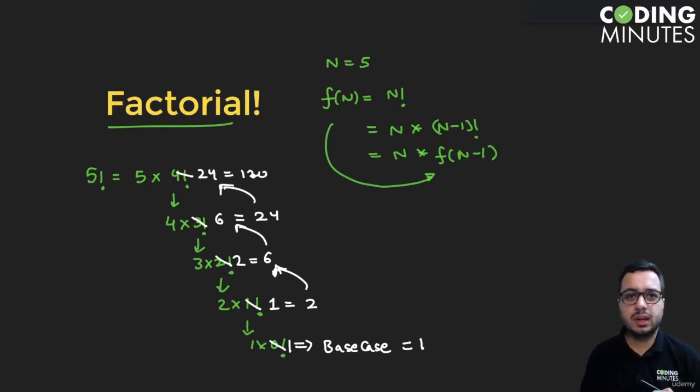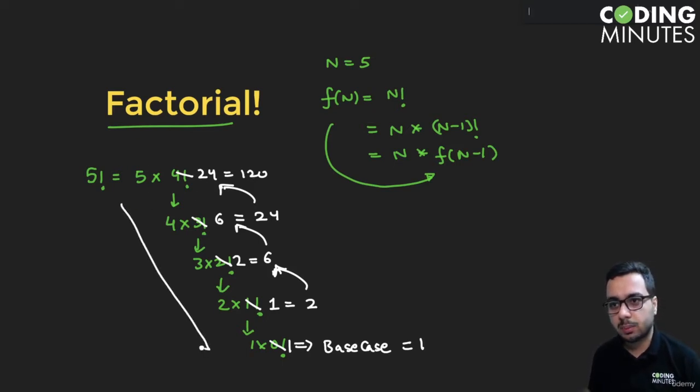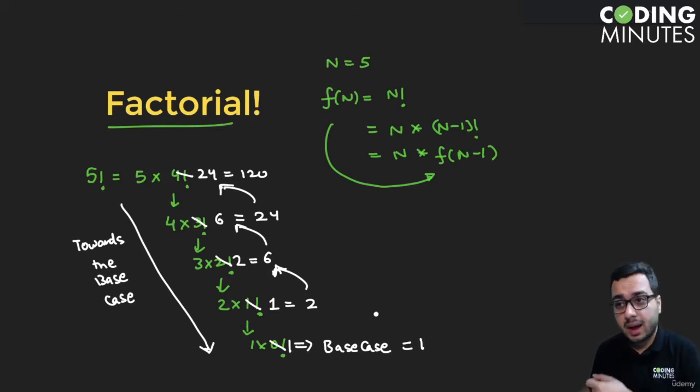When we are dealing with recursion, we will see two directions. In one direction, we are breaking the problem and simplifying it, so we are moving towards the base case. Another direction is where we are coming back from the base case towards the main problem.